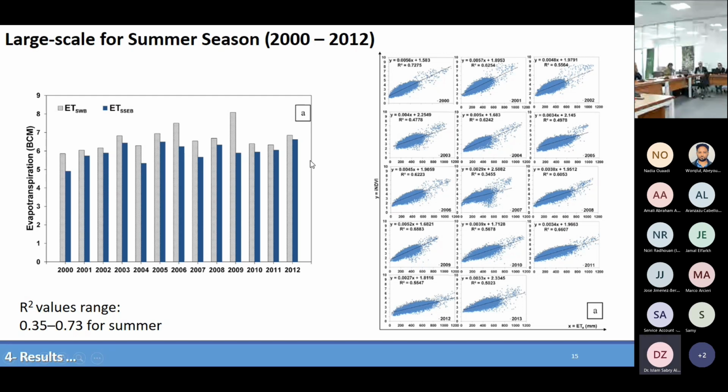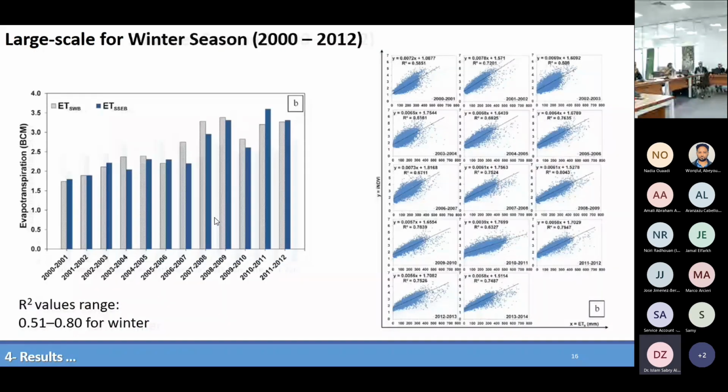And as you can see here, for the regional water balance for the Gezira scheme, there is a close number of the ET from the SEBS, which is the remote sensing estimate, and from the water balance. And it varies between the summer season and the winter season.